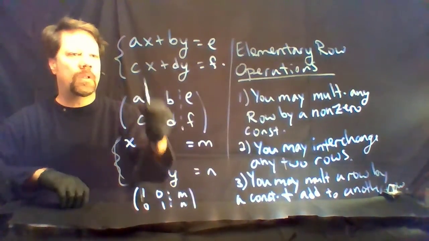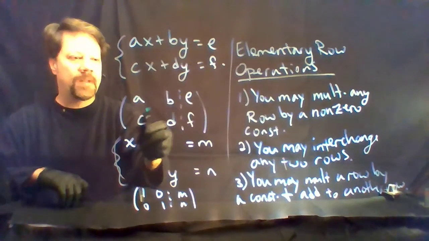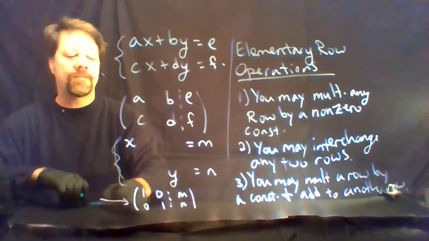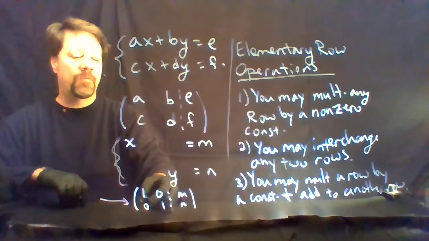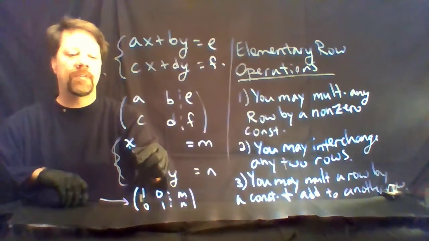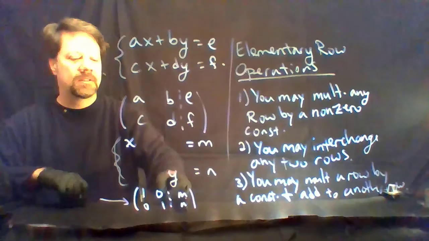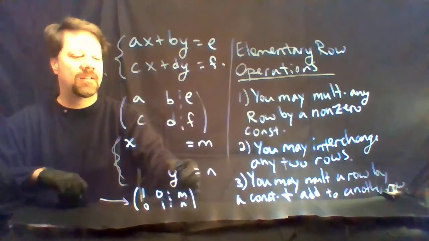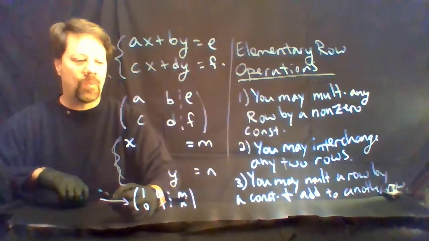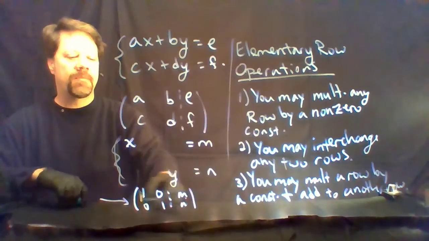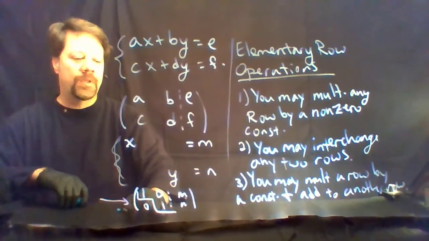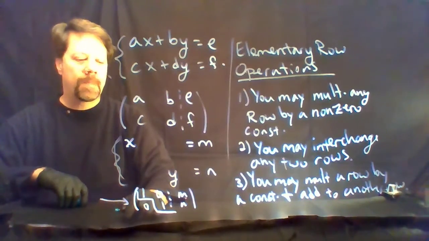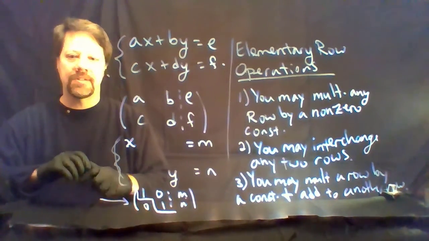So the goal is to convert an augmented array like this into this form, from which we can see that a 1 here and an m here is equivalent to the equation x equals m. With the 1 here and an n here, that's equivalent to the equation y equals n. So from this form, which we'll call reduced row echelon form, we may then read the answers.